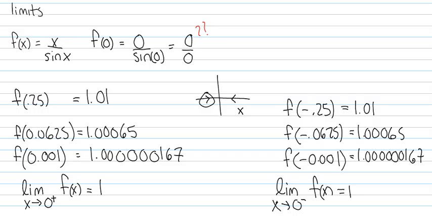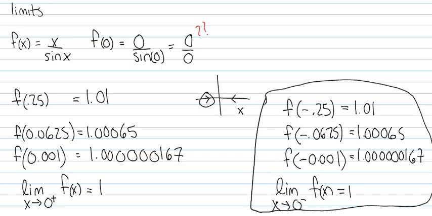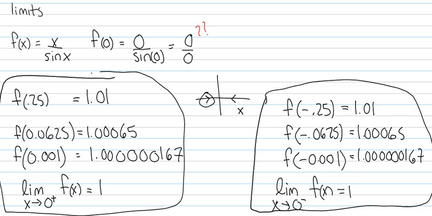So we can actually conclude now, based on these two examples, that the limit as x approaches 0, no pluses or minuses anymore, of f of x is equal to 1. And so now we've seen that the limit of a function is something that we can describe as well.